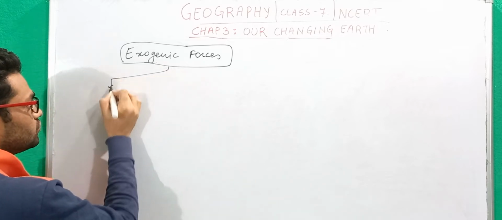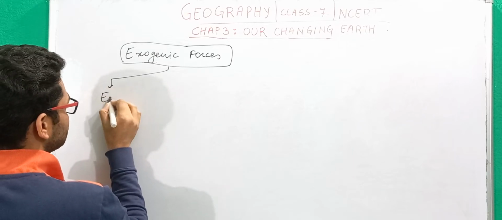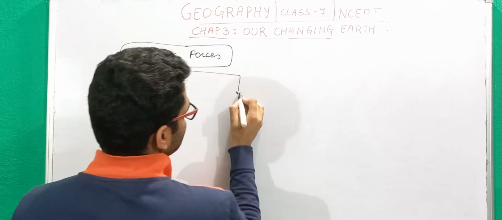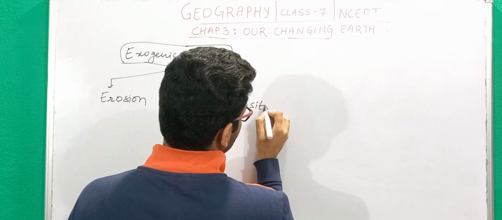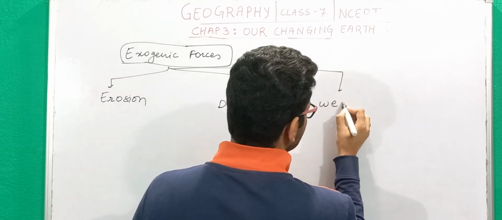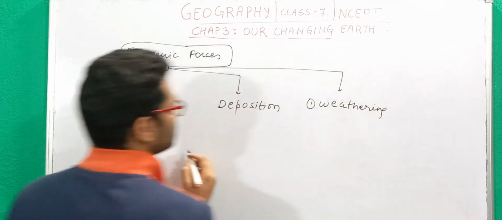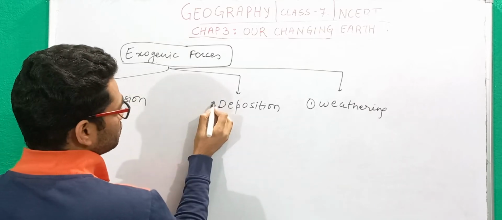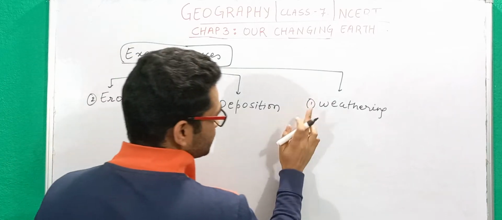The three important phenomena are the erosional activities, that is erosion, then the deposition activities, and we also have to look into weathering. We will start with weathering, then we will have erosion, and then deposition.